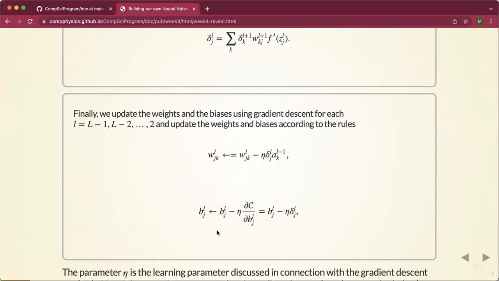This is the basics of the back propagation algorithm, which leads to a set of equations which we have to evaluate numerically anyway. It leads to a set of equations which define the gradients, and the gradients are normally calculated by our favorite gradient descent algorithm.